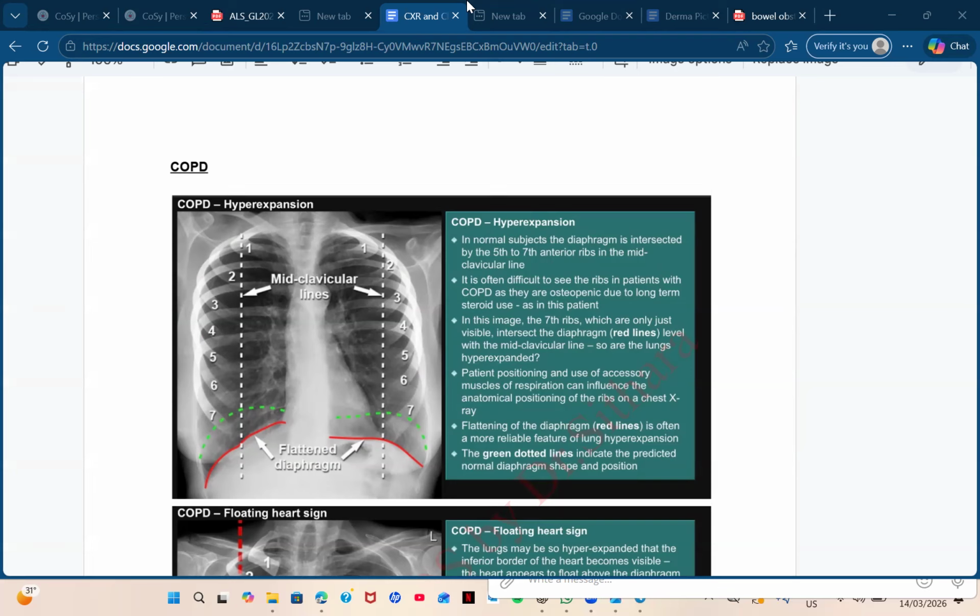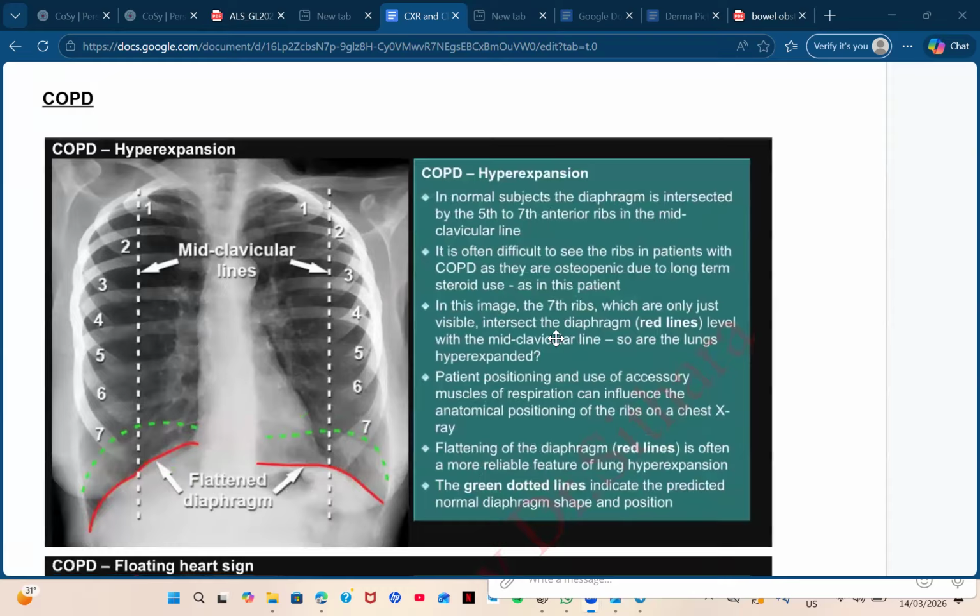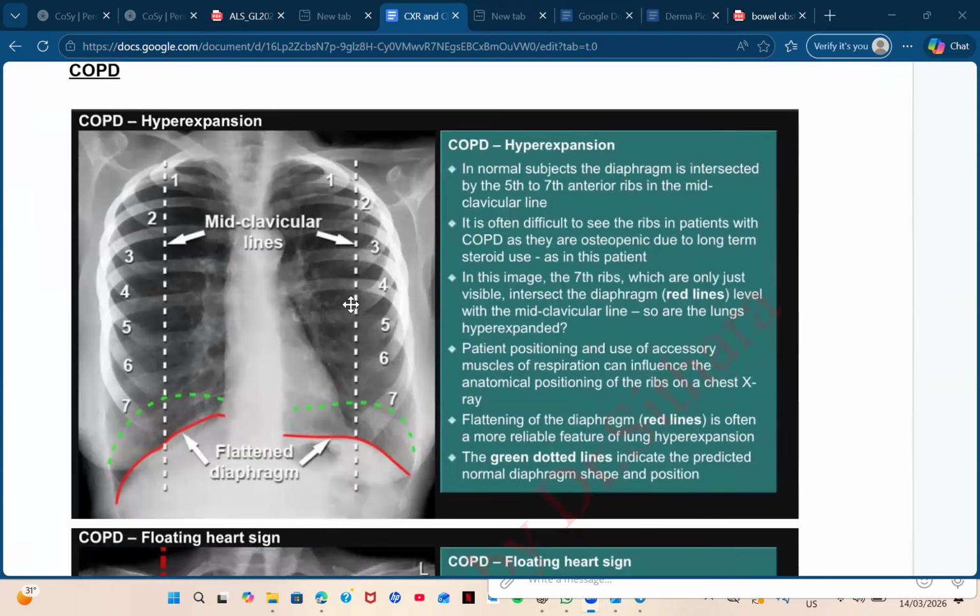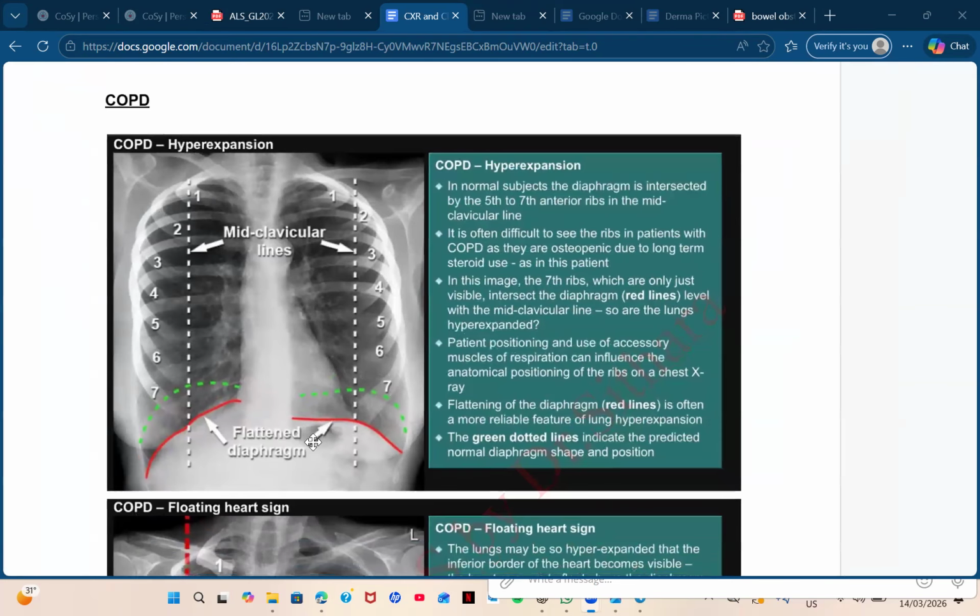Okay, it's a hyperinflated lung. Okay, flat diaphragm. What else? Elongated lungs. Yes, good. You know, right? Here, what can you see in this diagram? Here, doctors, the diaphragm is flat, right? Here it is getting flat.